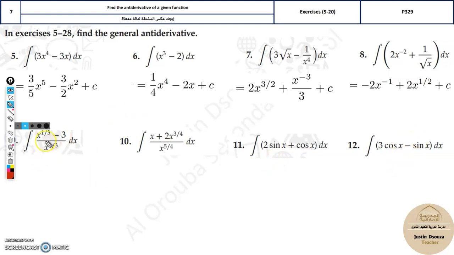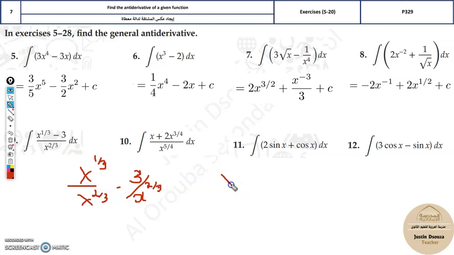Now we will do this one over here. Integral of, say, x to the power 1 by 3 minus 3 divided by x to the power 2 by 3. Split the denominator to both the values over here. It will be x to the power 1 by 3 divided by x to the power 2 by 3 minus 3 divided by x to the power 2 by 3. I have just split it up. Now take this up over here.